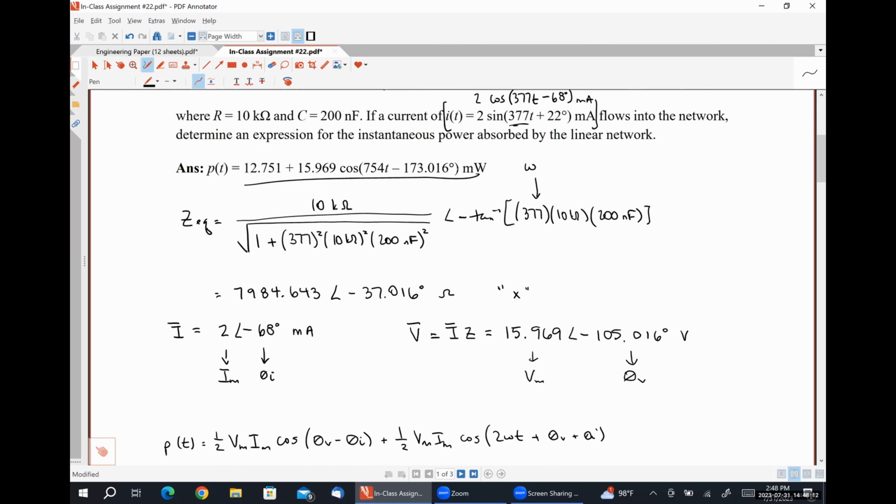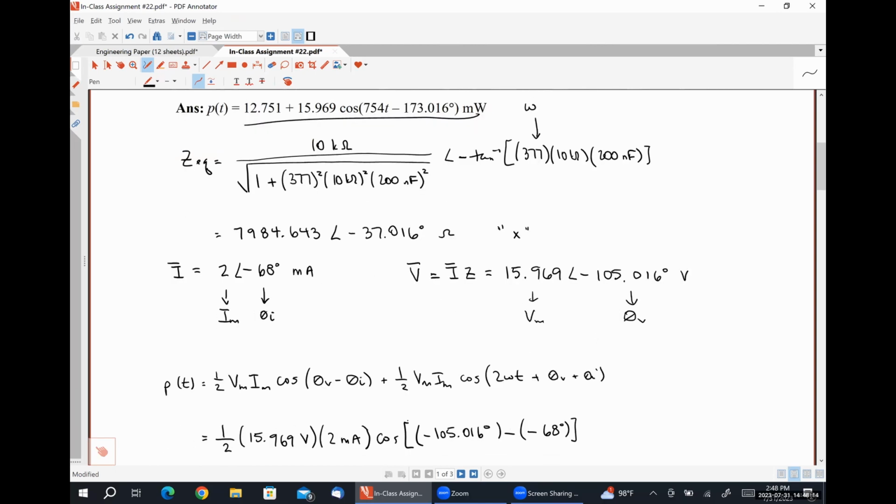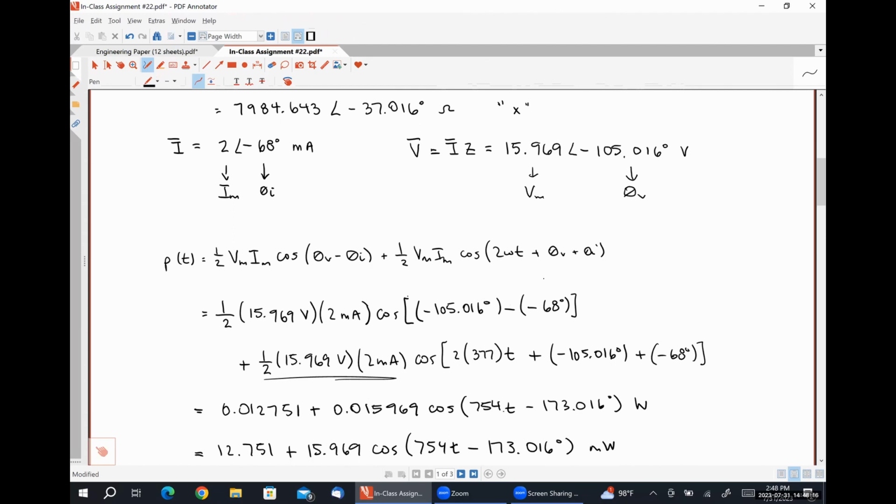Okay. So the reason why I worked out this specific problem is I wanted to illustrate, this is the first time we've done this in quite some time in this class, but the relationships that we're given are straight plug and chug, okay? So what I mean by that is we should still be doing literally all of our analysis and relationships in the frequency domain, and then just taking the bits and pieces that we need and plugging them into our equation, okay?